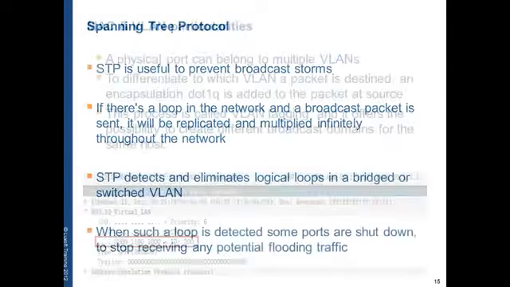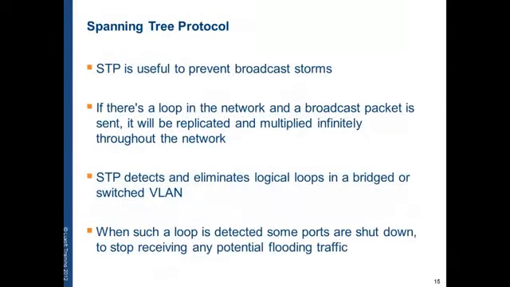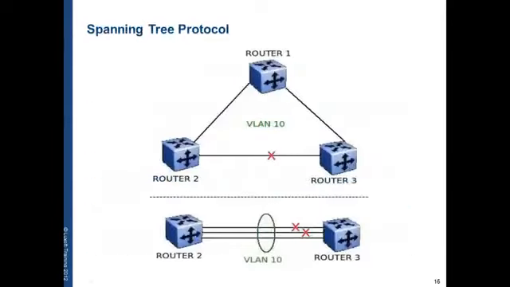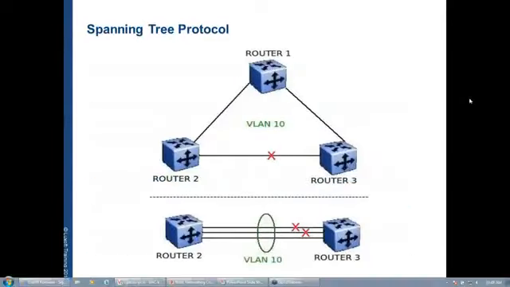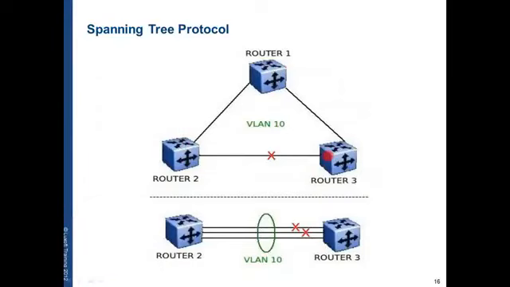We now start talking about the STP, Spanning Tree Protocol. This protocol is used mainly to prevent broadcast storms. What is a broadcast storm? When you have a loop in the network, as shown in this figure here, you have three routers. They all have ports in the same VLAN, and thus you create a loop.